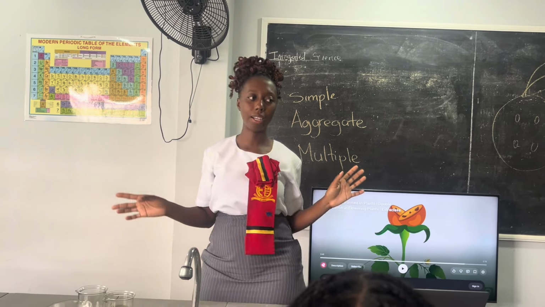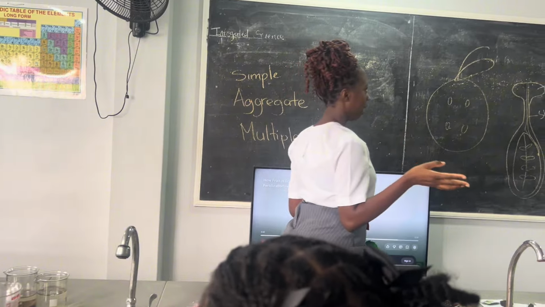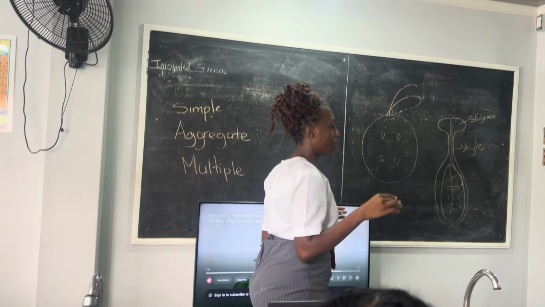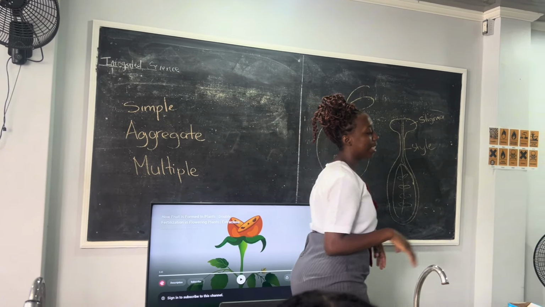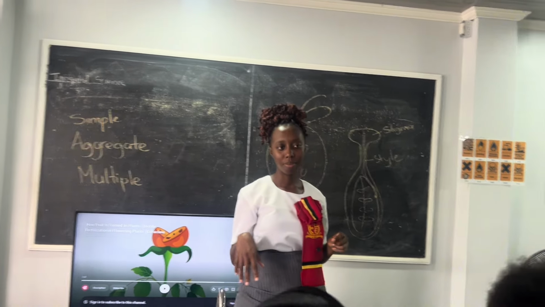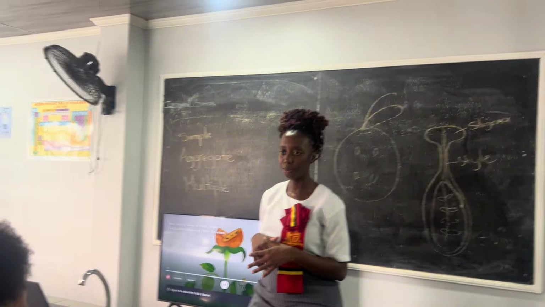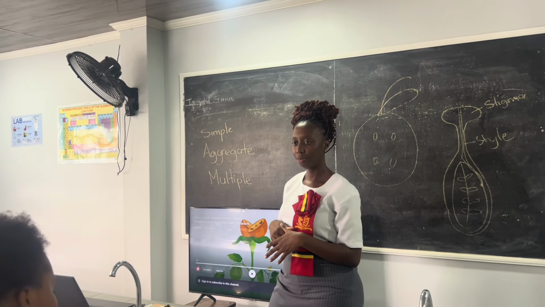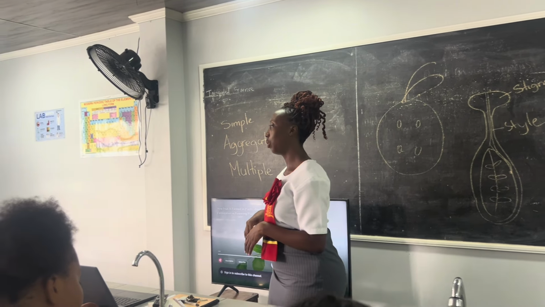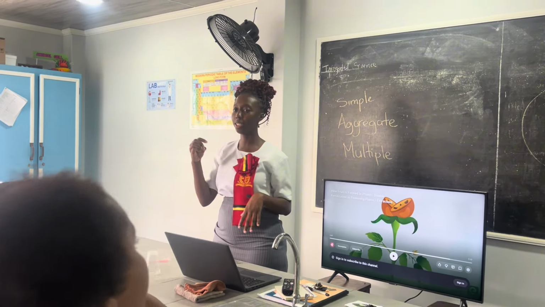On the outer part, we have the mesocarp and the exocarp. Why do you think those parts are there? They're found around the endocarp. What do they do? Good. The fruit actually protects the seed.